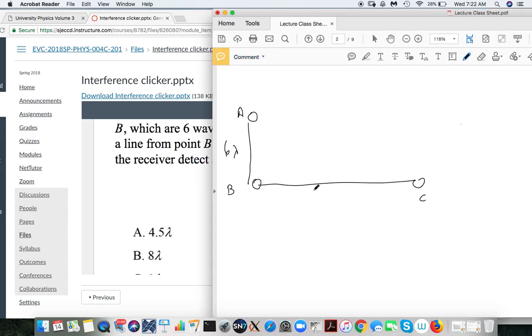We want to find at which point you have a maximum intensity. So this is R1, this is R2, right? To be a maximum here, you want delta R, which is R1 minus R2, to be equal to an integer number of wavelengths.